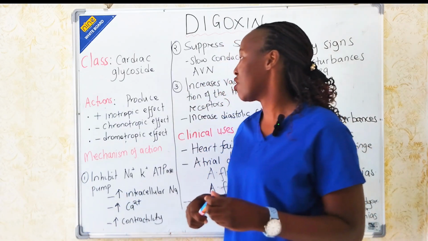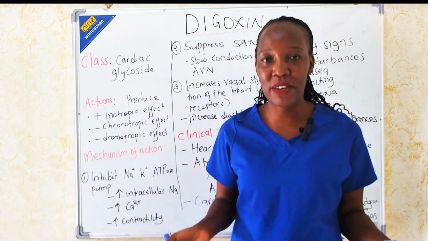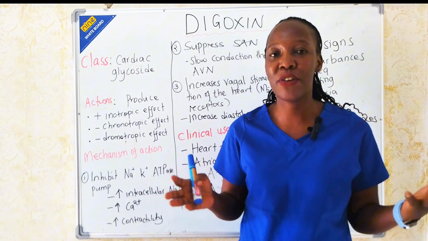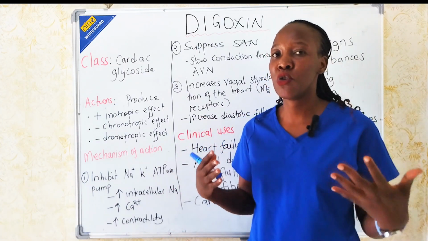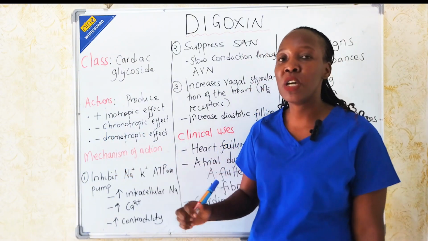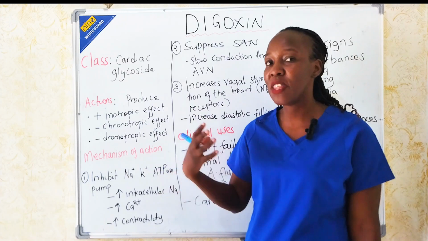If you're having an increased contraction, you're going to say there is a positive inotropic effect, and there will be a negative inotropic effect if there is a reduced contractility. Then we also have chronotropy, which describes how fast the heart is beating, so the heart rate.